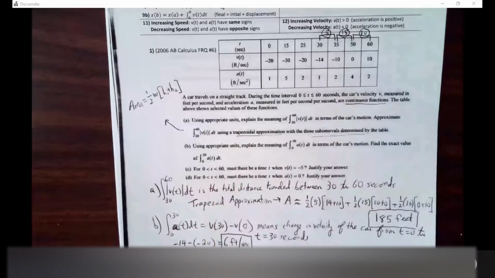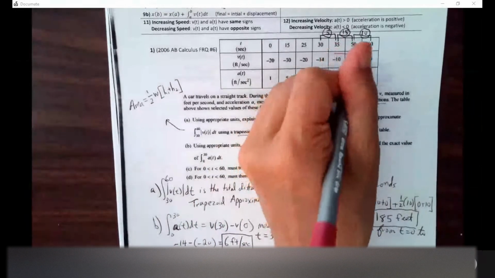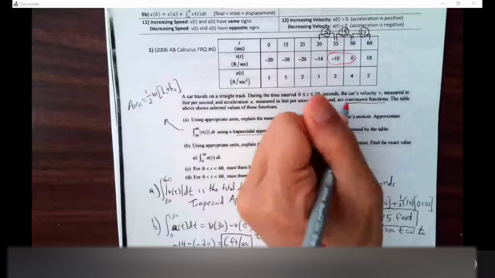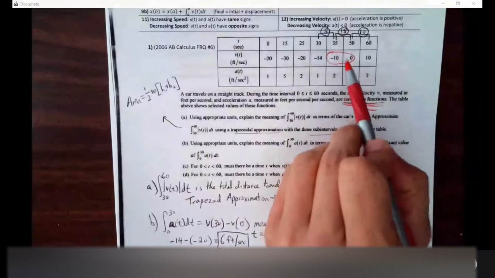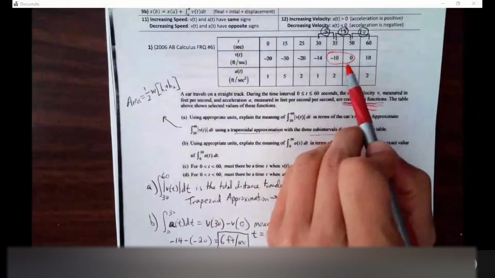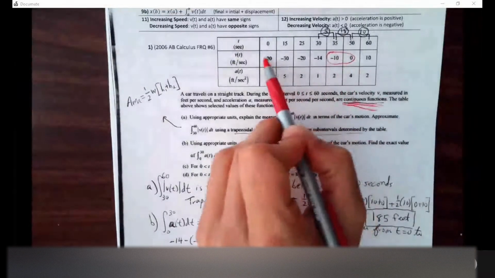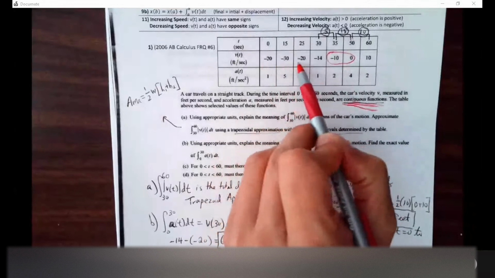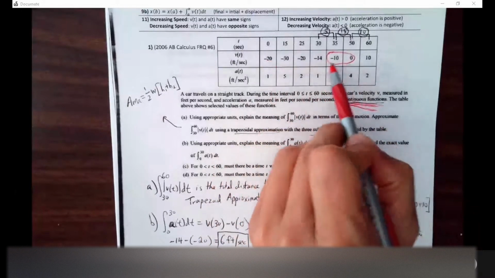So somewhere in this time interval, it's got to cross -5, right? We're told that these are continuous functions, so it's got to cross through somewhere between at least once. Maybe there's more than that, but with this data, we can't guarantee that.